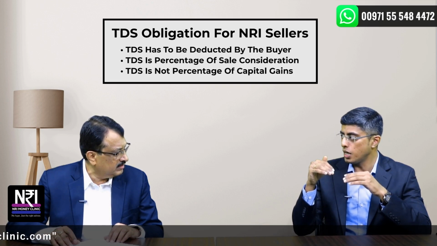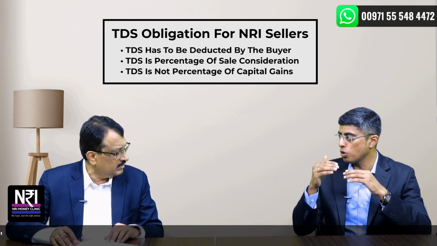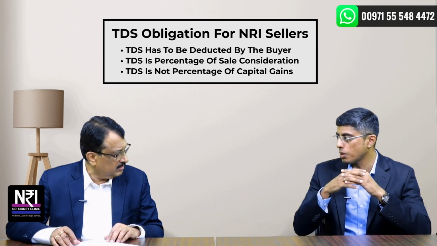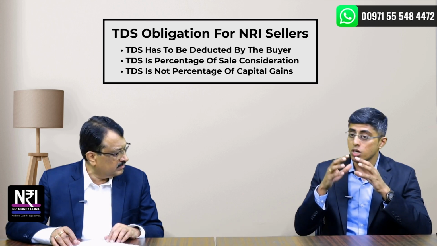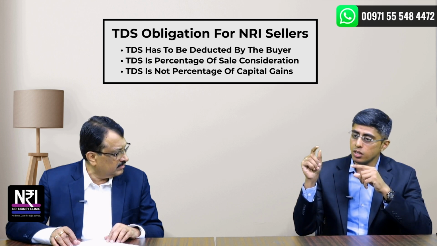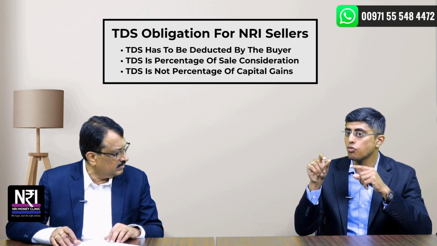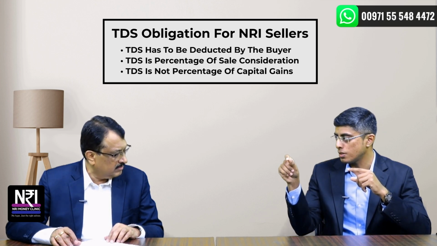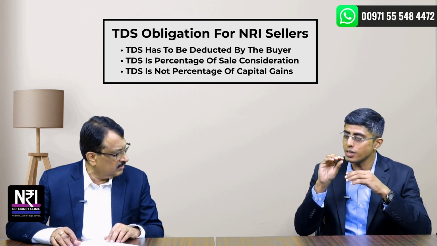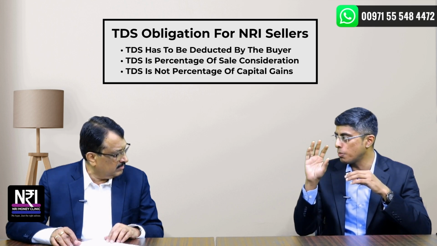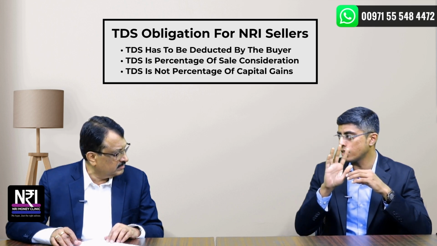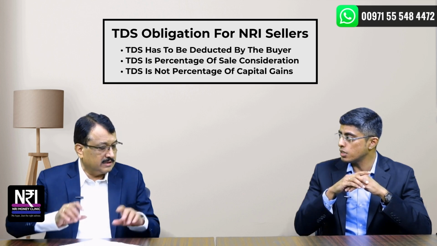If that period is more than 24 months, then it is long-term capital gain for the seller. At that time, the buyer has to deduct TDS at the rate of 20% plus surcharge and cess, as I mentioned already, at the applicable rates, on the entire sale consideration.